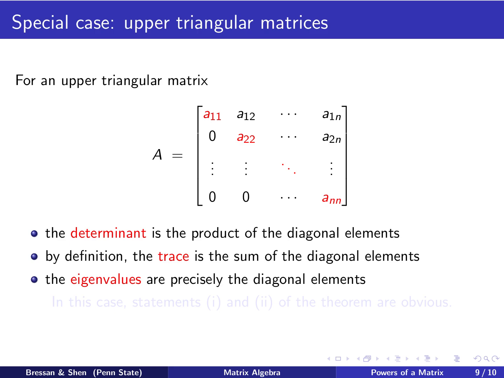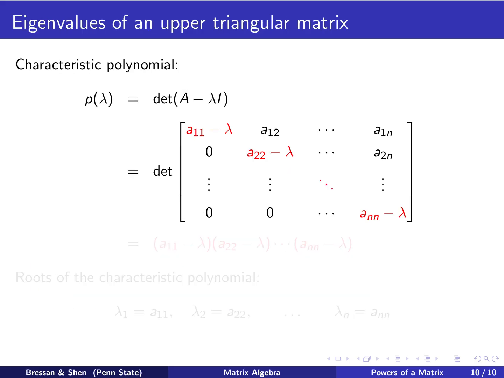So you see, for upper triangular matrices, the diagonal elements are so important. In this case, statements 1 and 2 in the theorem are obviously true because of this property. Now let's do a quick proof to show that the eigenvalues of an upper triangular matrix are the diagonal elements.